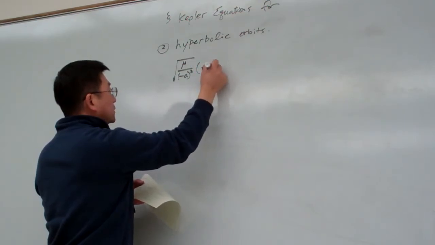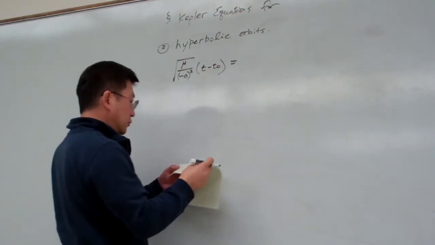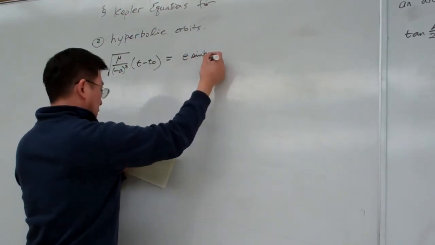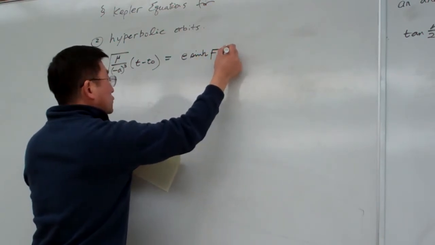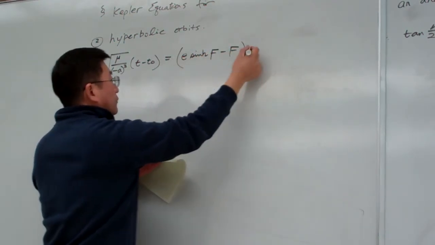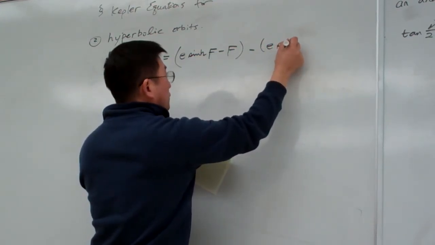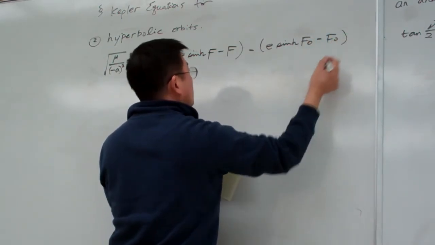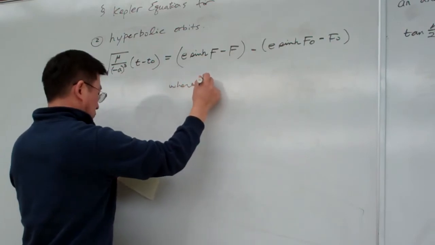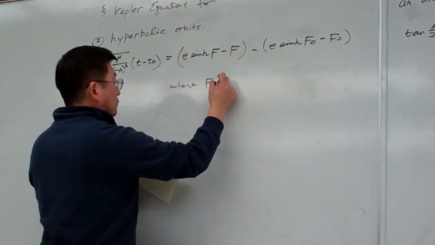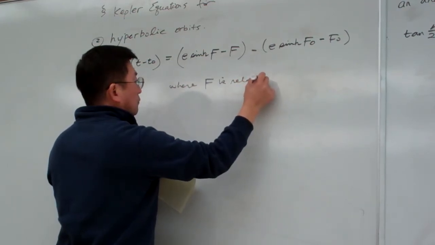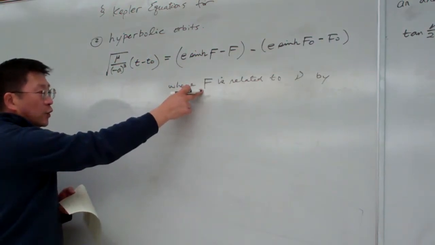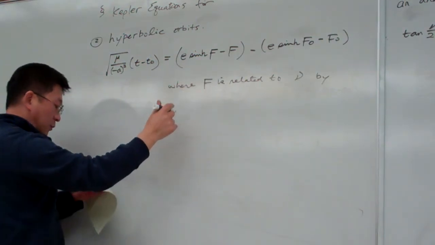So t minus t0 will be equal to, again, e sinh F, I will define F shortly, minus e sinh F0, minus F plus F0. Basically F is the symbol used for eccentric anomaly for hyperbolic.